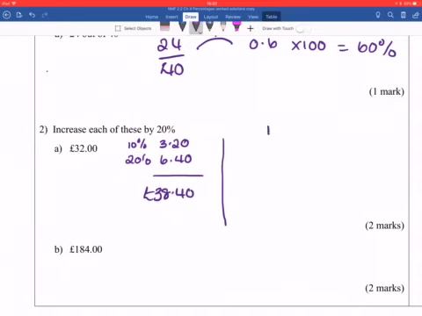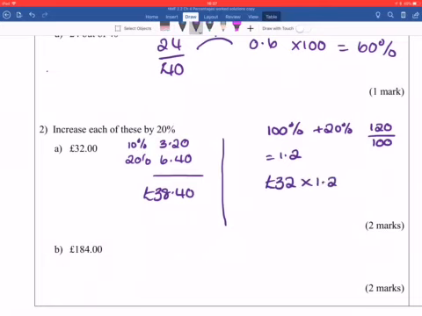Or I've got 100% plus 20%. That's 120%, which is 120 out of 100. And if you did that, you'd get 1.2. So I can just multiply 32 by 1.2 and I'll get the same answer, £38.40.